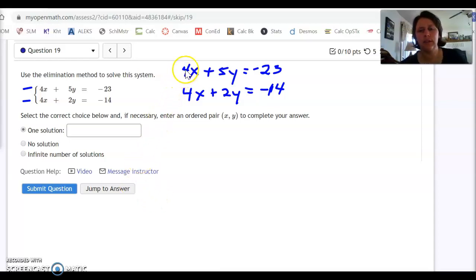What we notice is that we have 4x and 4x. Now when I draw a line and add these two down, my 4x's are not going to cancel. I'm going to end up with 8x and then a 7y here, and that's not going to help me any because I won't have gotten rid of one variable so that I can solve for the other.